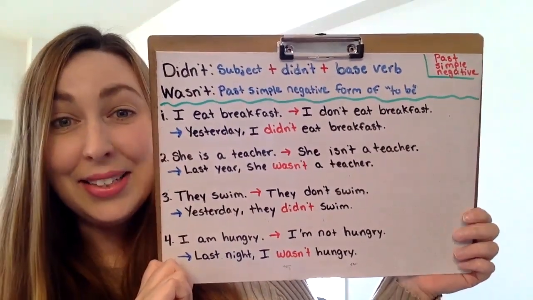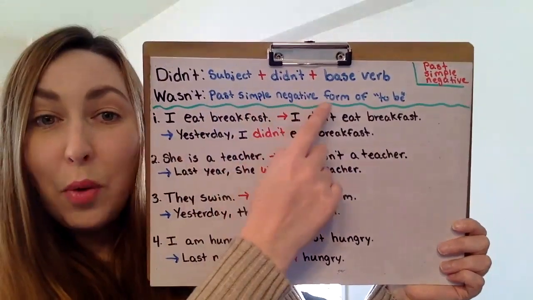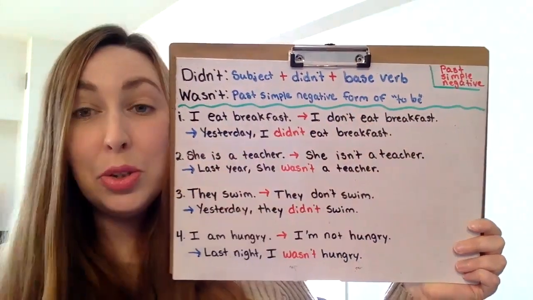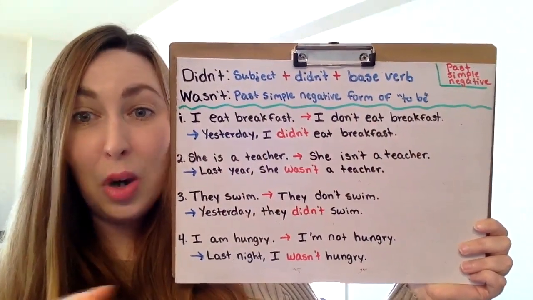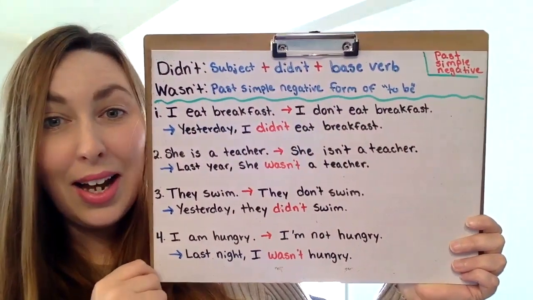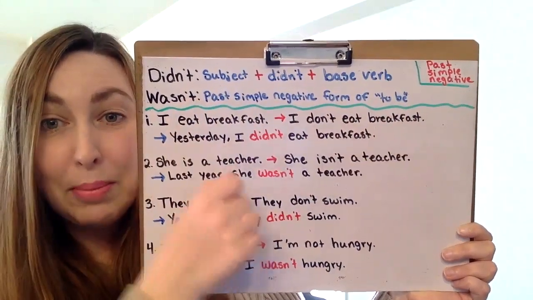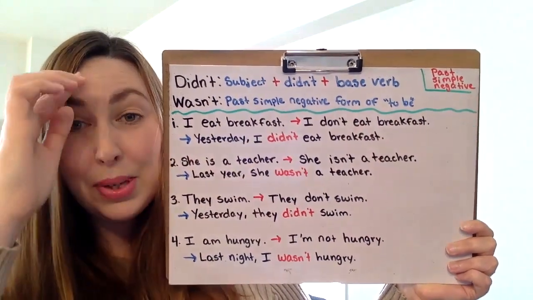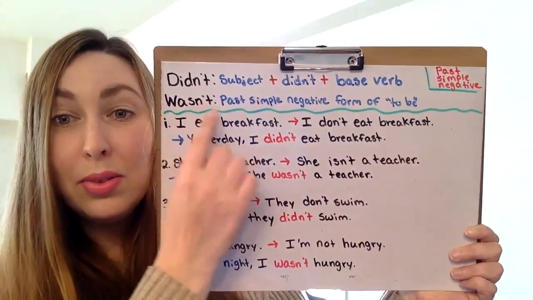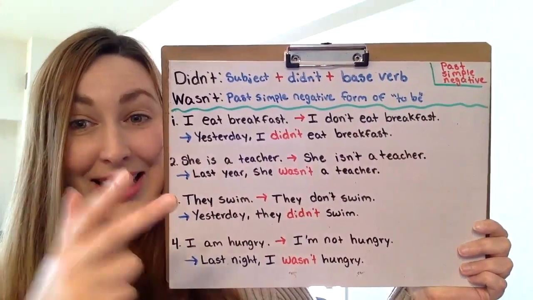On the other hand, wasn't is the past simple negative form of to be. We have the to be verb: is, am, are, and those can be changed into the negative form. However, please be careful with wasn't, because we can only use wasn't with I, he, she, it.